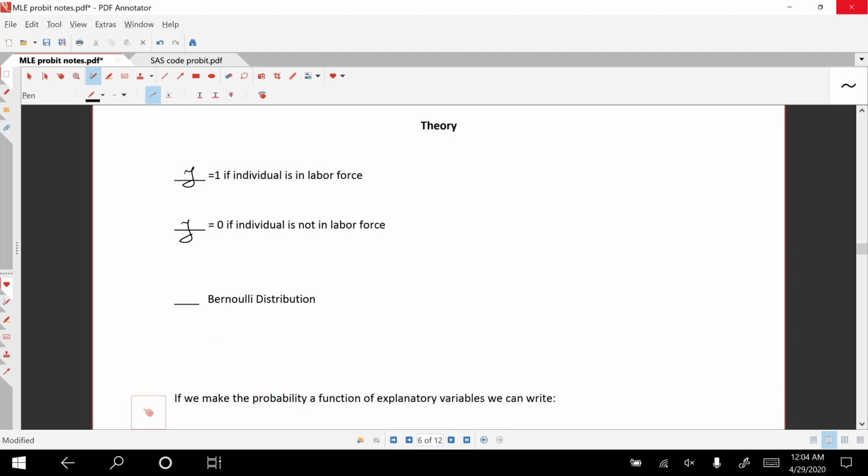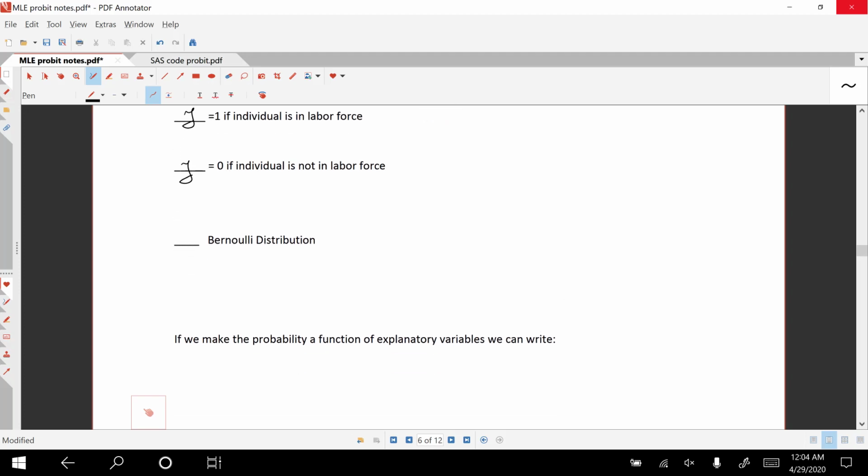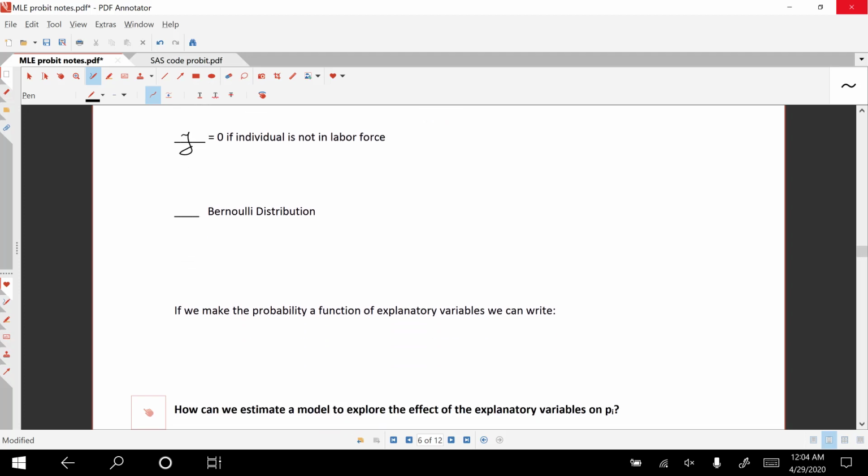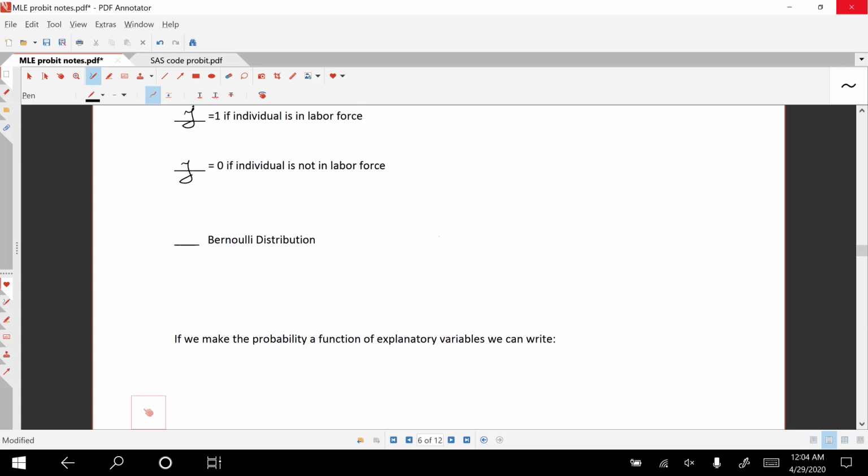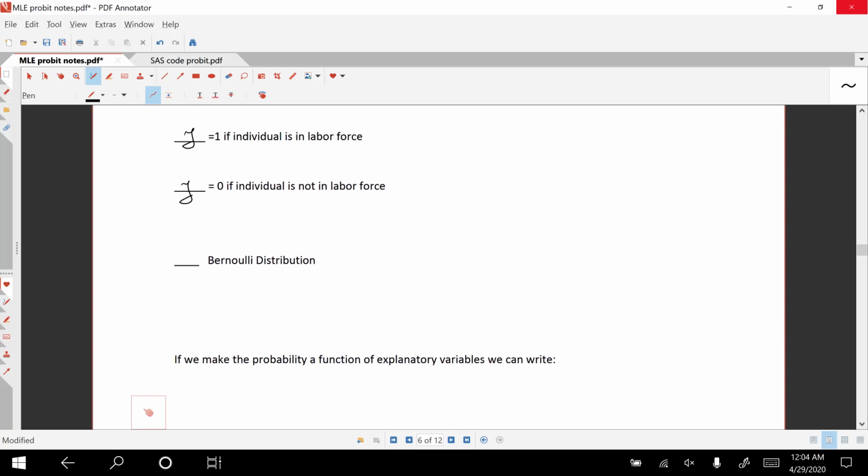Y equal to 1 if the individual is in the labor force, 0 if it's not in the labor force. For this type of outcome, Y is said to follow a Bernoulli distribution. This probability density function is what's called the Bernoulli distribution. So let's look at the PDF, this Bernoulli PDF for a specific observation i.